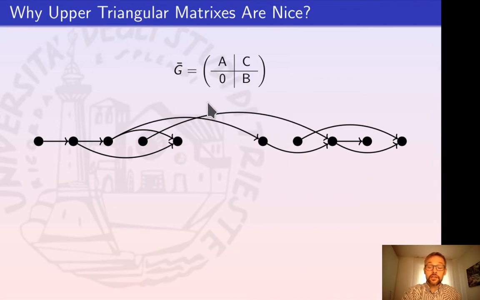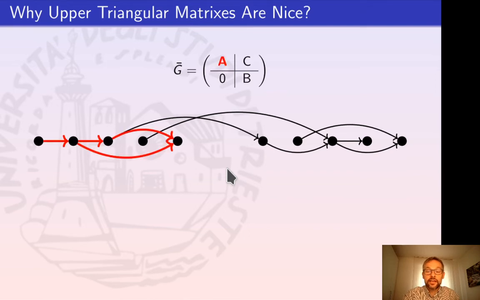This is a possible representation for the graph G: the graph theoretical representation of G, and this is the upper triangular adjacency matrix for G. Now, let's try to understand how the paths among the nodes in G are built.